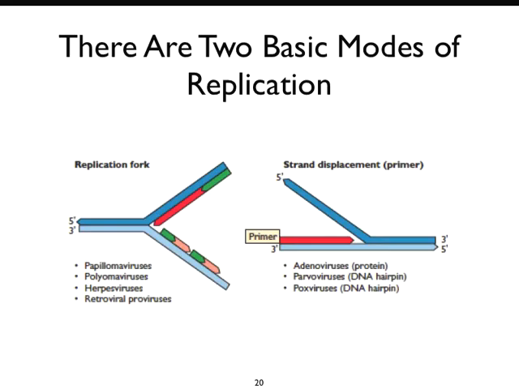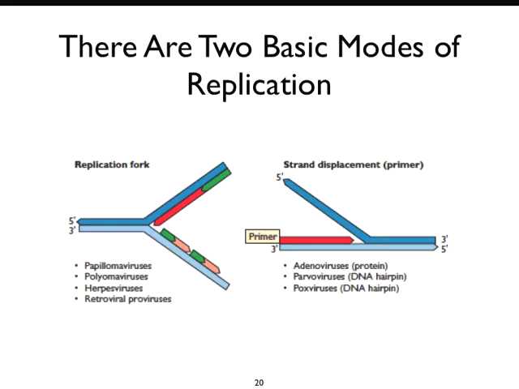And viruses such as papillomavirus, polyomavirus, herpes viruses, and even the retroviruses, at least in the proviral form, use that mechanism. Adenoviruses and parvoviruses and poxviruses with their hairpin use a strand displacement mechanism.